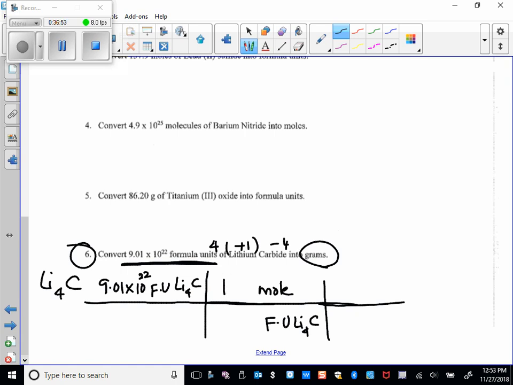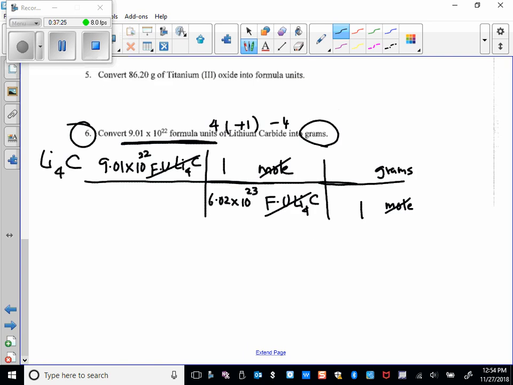What is my number before formula units? 6.02 times 10 to the 23rd. Is that correct? So I cancel out formula units. What should I finally convert moles into? Grams. And what do I cancel out? Moles. What is my number before mole? 1.